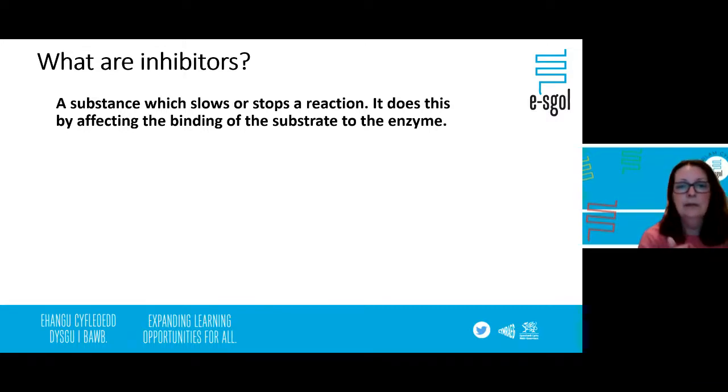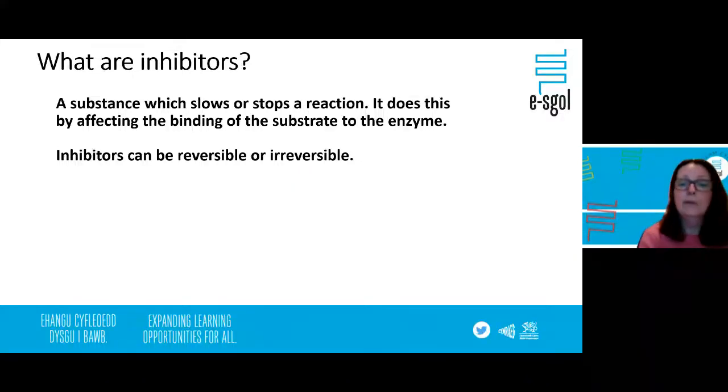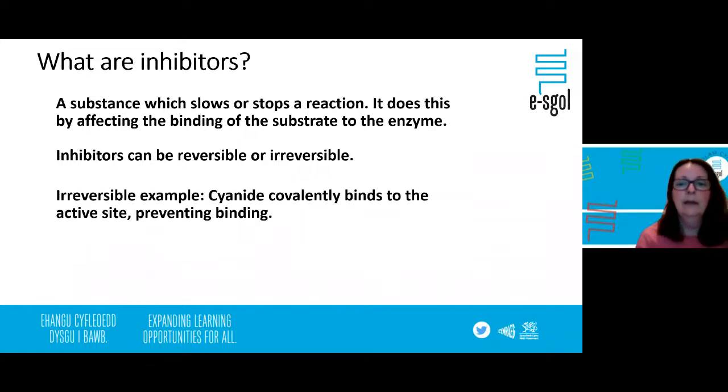So it stops that reaction from taking place within the active site, the substrate joining to the enzyme. And there are a number of different types of inhibitor that we are going to have a look at. They can be reversible, which means they can change and the reaction will then take place, or they can be irreversible.